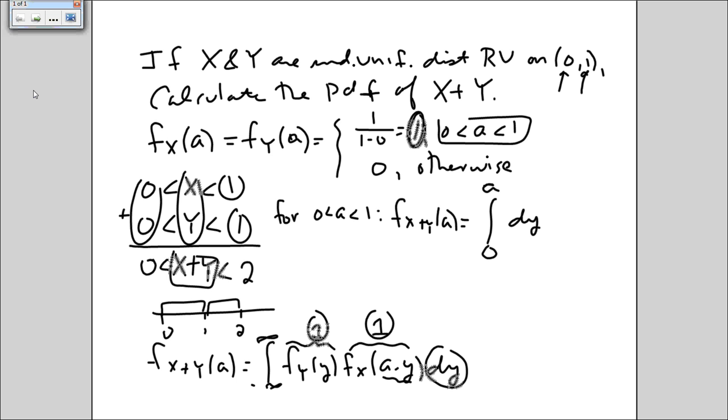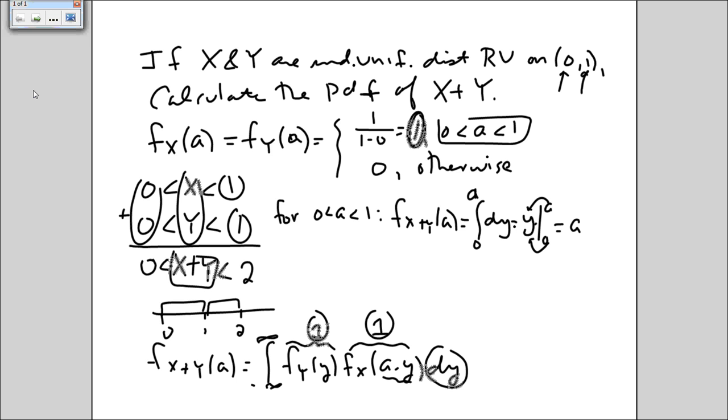Let me just write this a little bit smaller so I can have more room. Integral from 0 to a of dy. The integral of dy is just y, from 0 to a. You plug a in, you get a.